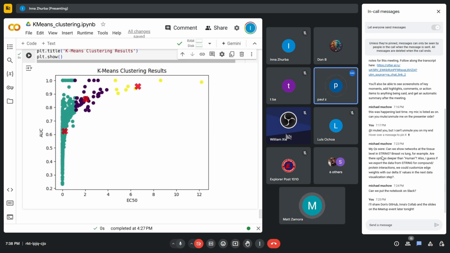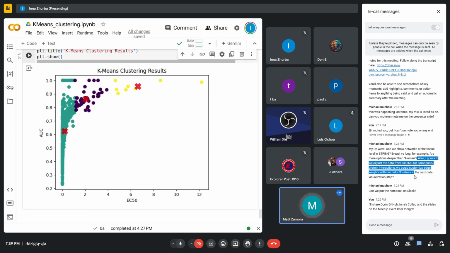So this is Michael's question, and I think it was more towards Don, but it's a general question. Can we show the networks at the tissue level in STRING? Breast versus lung, for example? Are there options deeper than human? Also, if we export the data from STRING for compound protein interactions, could we customize edge weights with our own S prime values, the ones that we've computed, in the next visualization step?